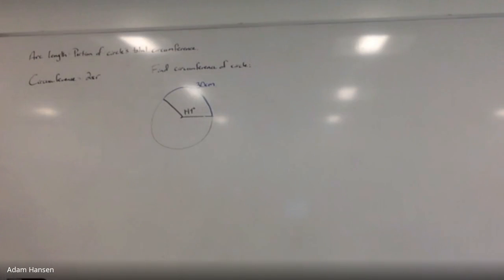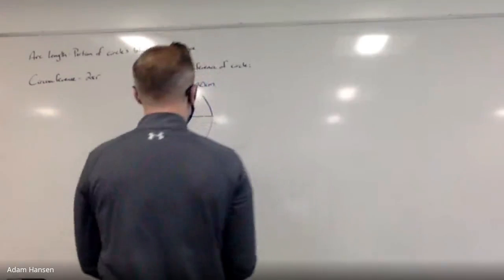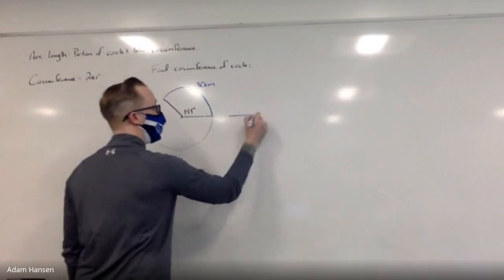Why don't you guys try and write a proportion that would find this, set it up and cross multiply. I'm given a smaller length, a portion of the total circumference, to try and find the actual circumference. How many degrees are in a circle?